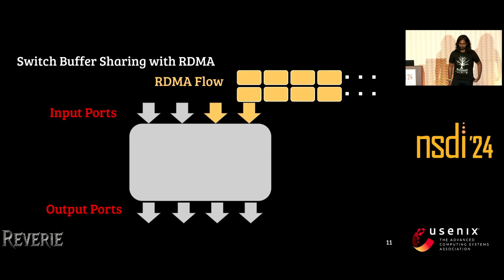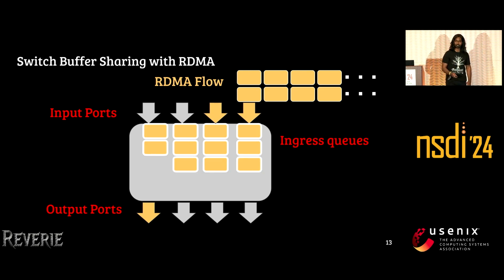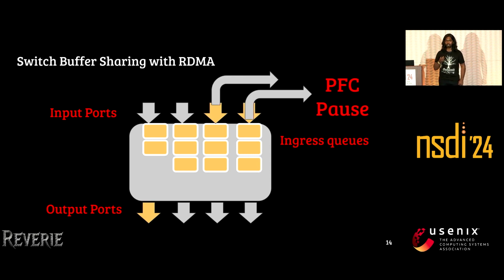With RDMA, this is slightly different. The same example, packets are coming in, but this time these are RDMA flows. They are coming in from two input ports, and packets queue up in the ingress. A buffer sharing algorithm looks at ingress queue lengths this time, and as the queue length grows, the action is different. Packets cannot be dropped. A PFC pause is triggered at this point.